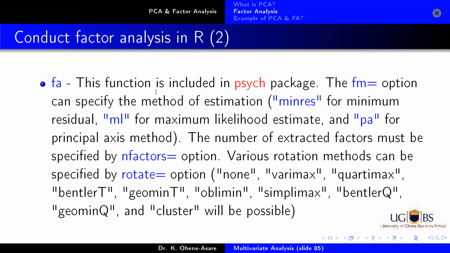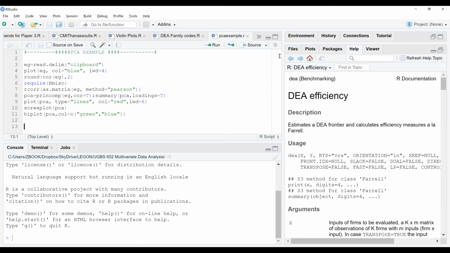So what we are going to do is use the function fa, which is included in the psych package. That means that if you don't have the psych package, you should install it. I think we did have it, but if you don't, let me show you how you can get it.